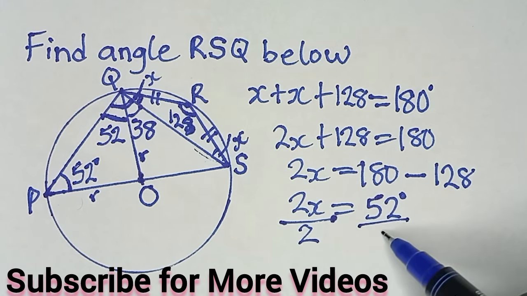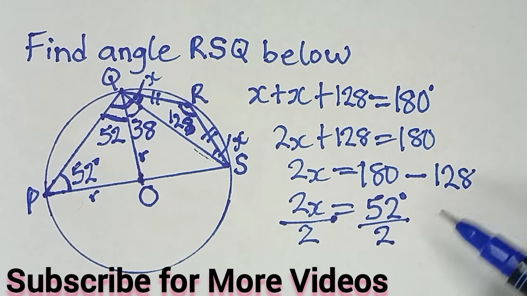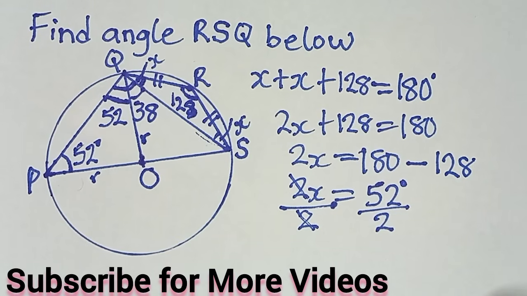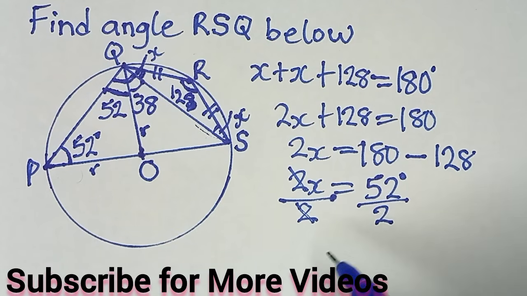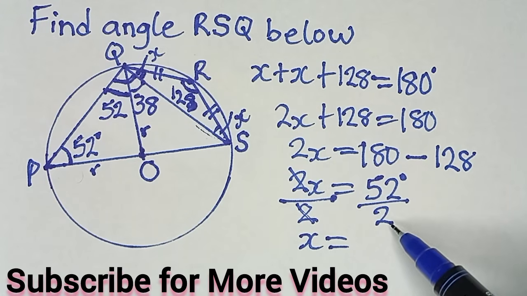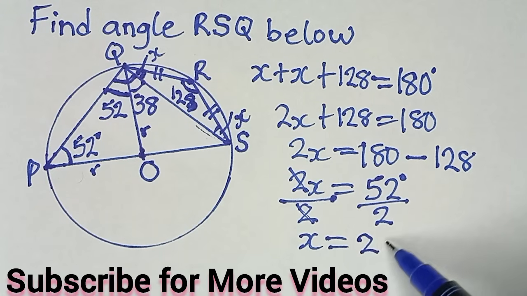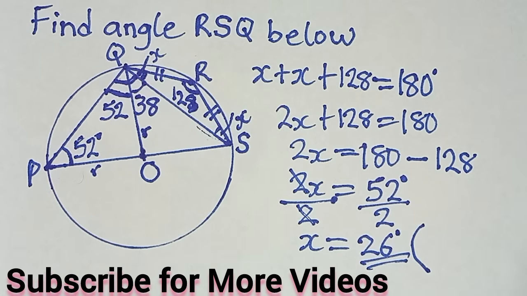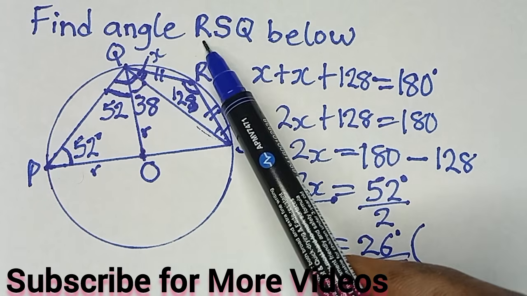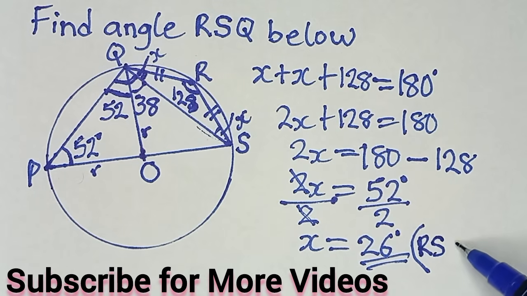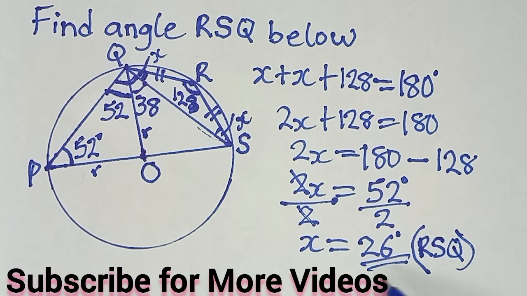These 2s cancel, and I'll be left with x, the angle I'm looking for, equal to 52 divided by 2, which gives me 26 degrees. So angle x is 26 degrees, which is also equal to the angle we're asked to find, that is angle RSQ.